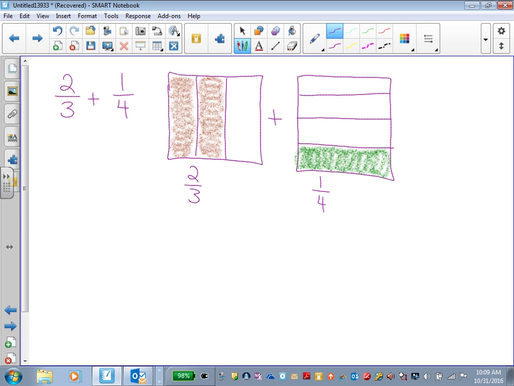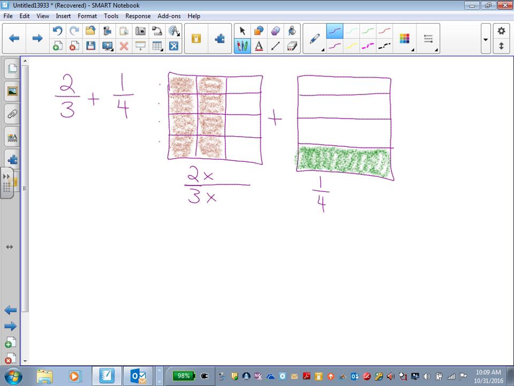All right, Kiara, what can I do to this 2/3 box to make an equivalent fraction? Very good. I do whatever I've done to the 1/4. So I'm going to draw 3 horizontal lines, which gives me how many rows? 4.